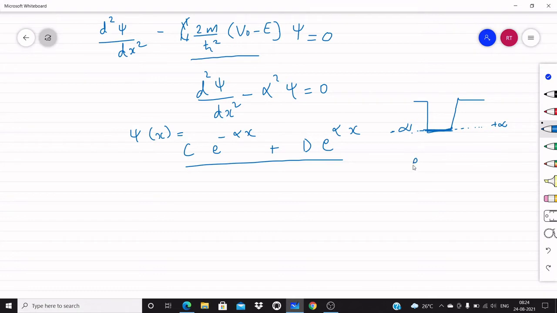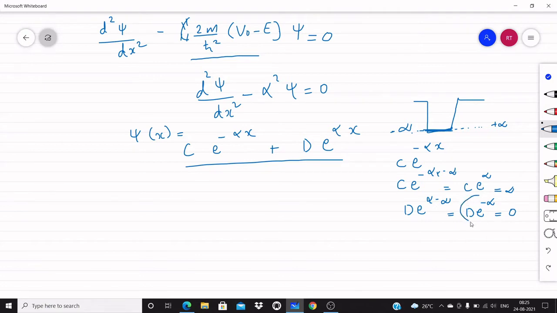So e raised to minus alpha x is going to take two different values. That is C e raised to minus alpha into, if x is minus infinity, into minus infinity. That means this is going to be C e raised to infinity, because minus and minus becomes plus, so this is going to be infinity. Now the second term, D e raised to alpha into minus infinity, that means D e raised to minus infinity, that is going to be 0.